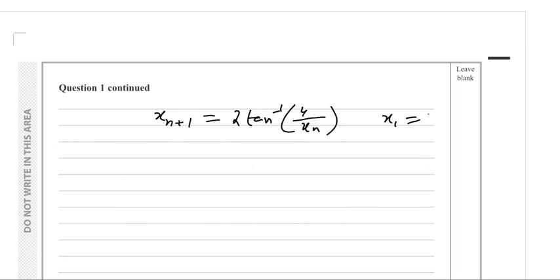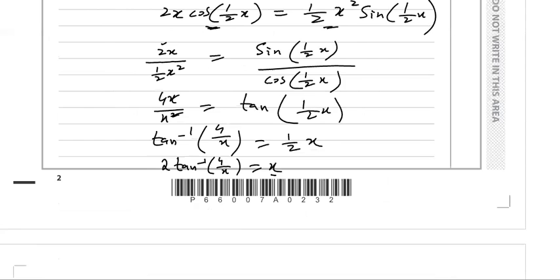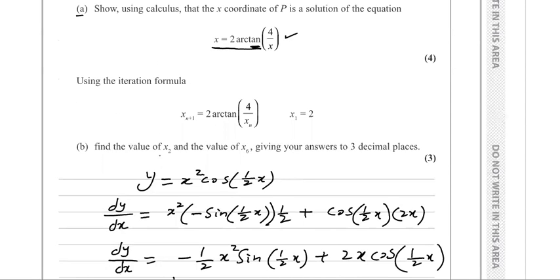And x1 is given equal to 2. So what we have to do, we need to find the values of x2 and x6, giving your answer to 3 decimal places. In each case, your answer should be given to 3 decimal places.